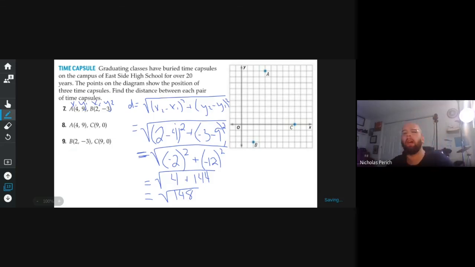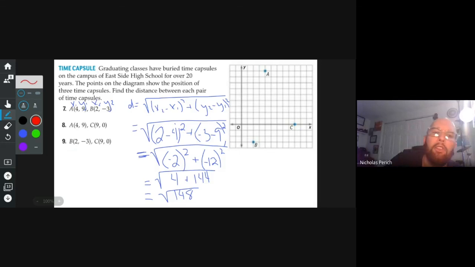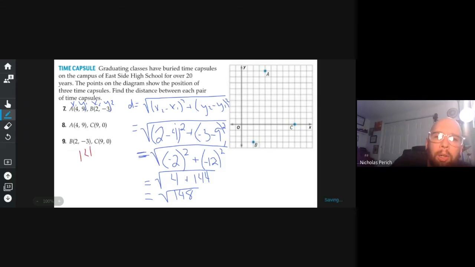Now, I'm not going to run to my calculator and find out what the square root of 148 is. So what I'm going to do is go over to the left and make a factor tree for 148. So let me think. 2 and 74. What would that be? 2 and 37.